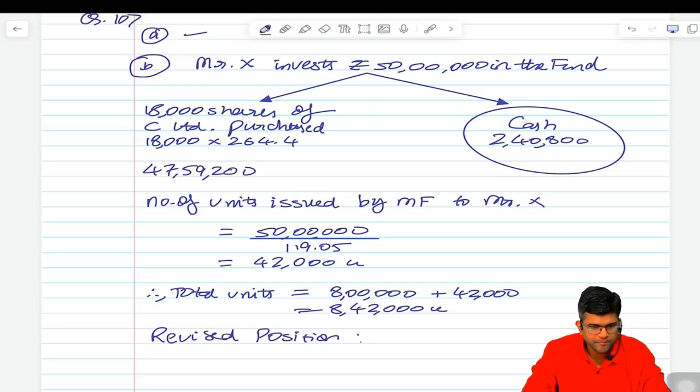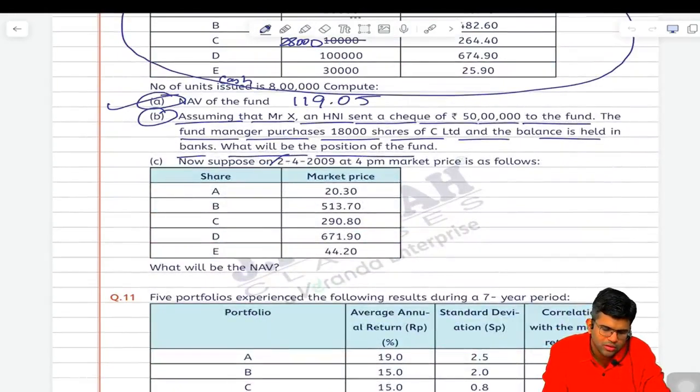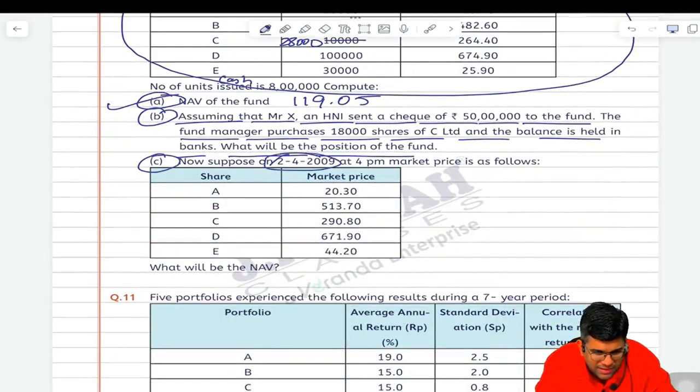All done. Got 119.05. Now students, last point, you know what they are asking you to do? They are saying again calculate NAV on the next day, that is on 2/4/2009, and the market prices have changed. I hope you understood what is to be done. Same to same table copy paste as you did just now and just change the MPS.